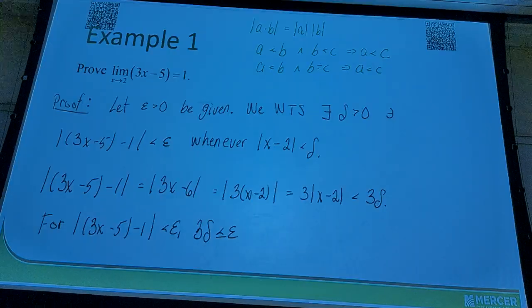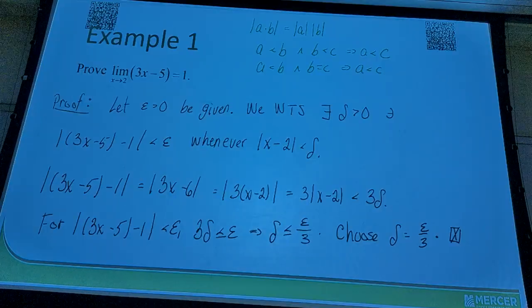Transitivity. Delta would have to be less than or equal to epsilon over 3. Choose delta to be epsilon over 3. I just showed that a delta exists. I'm done, and the proof is complete.